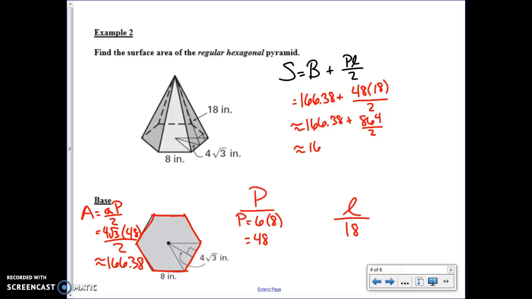So then I have 166.38 plus 432. And that is approximately 598.38. My label then would be inches squared.